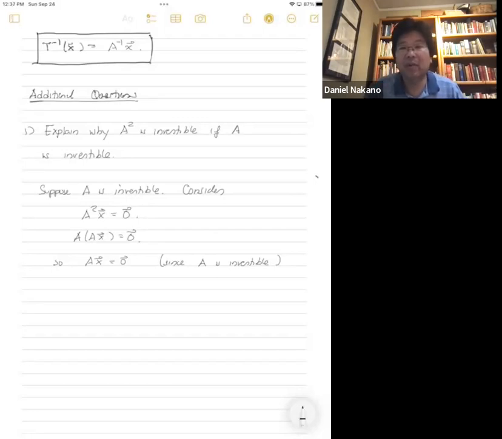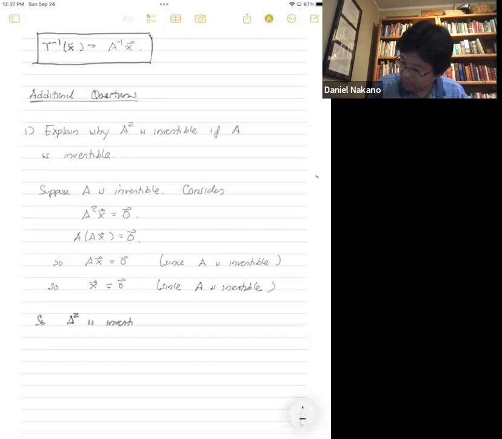We know A is invertible, so that means x has to be 0. So what was our conclusion? We start with A squared x equals 0, we conclude x equals 0. So by the property earlier, we have to have that A squared is invertible.